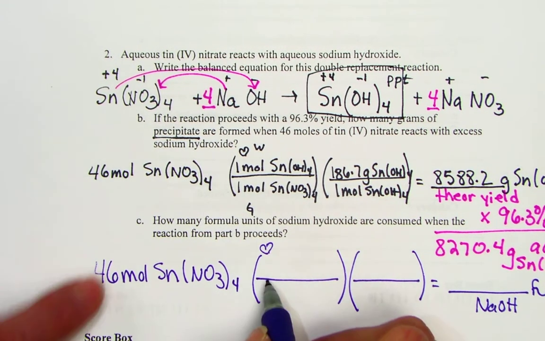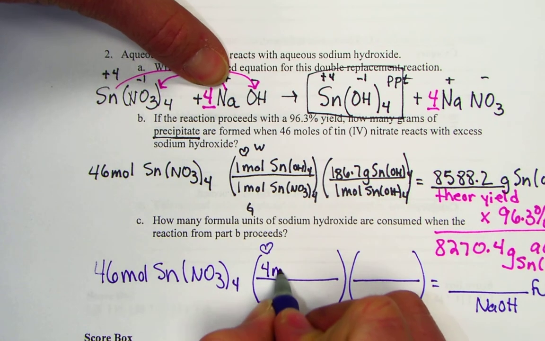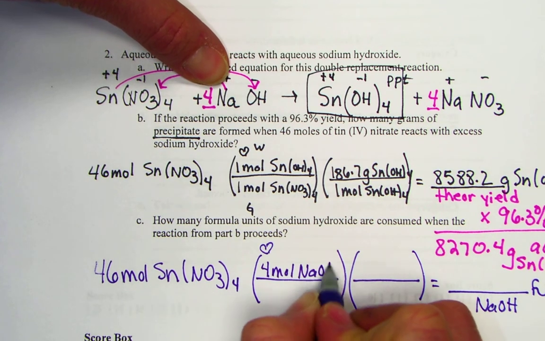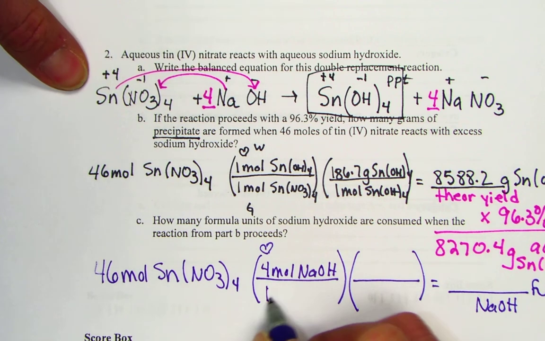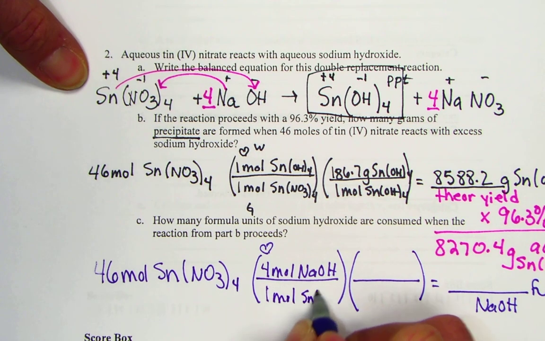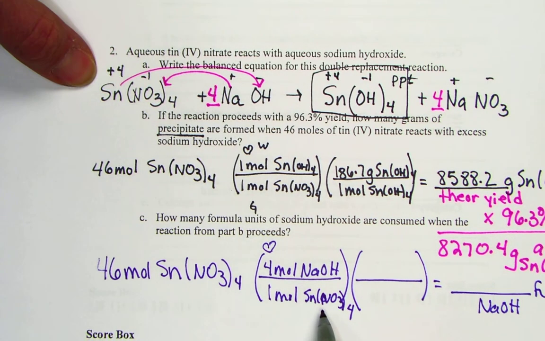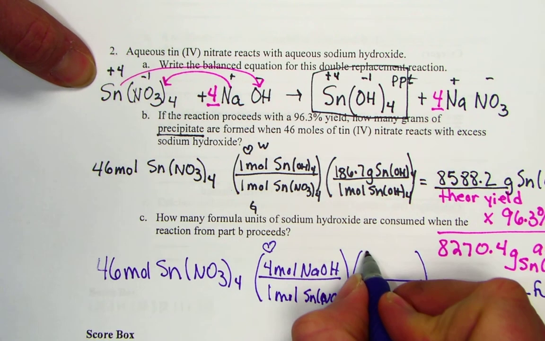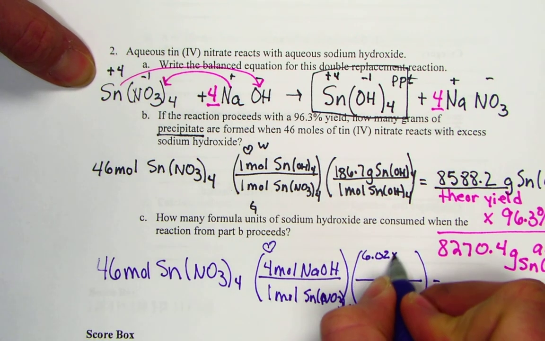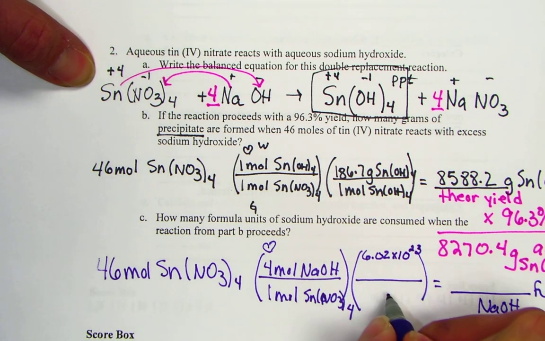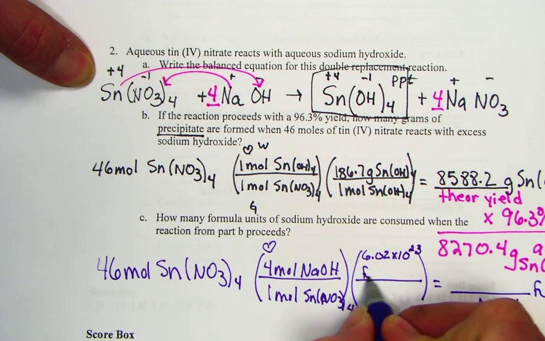Our stoichiometric ratio, for every 4 moles of sodium hydroxide, NaOH, I need 1 mole of Sn(NO3) taken 4 times, tin 4 nitrate. The want over given is 4 over 1. To count the formula units, we will take Avogadro's number, 6.02 times 10 to the 23rd.